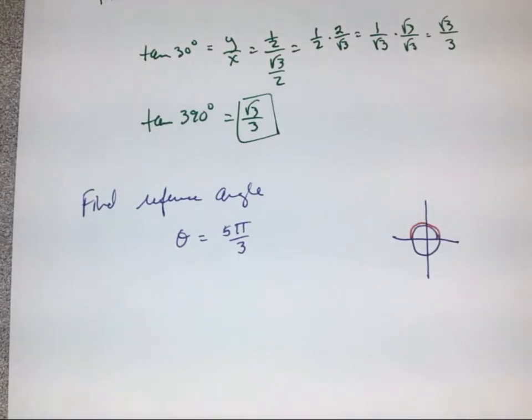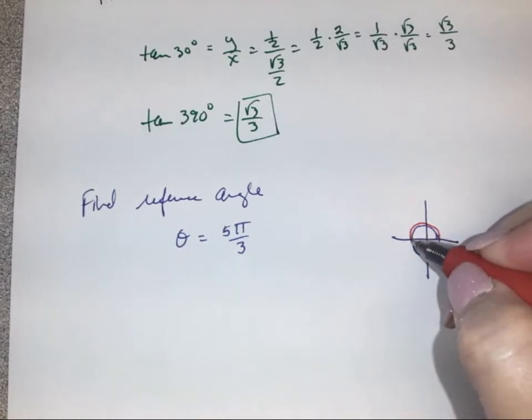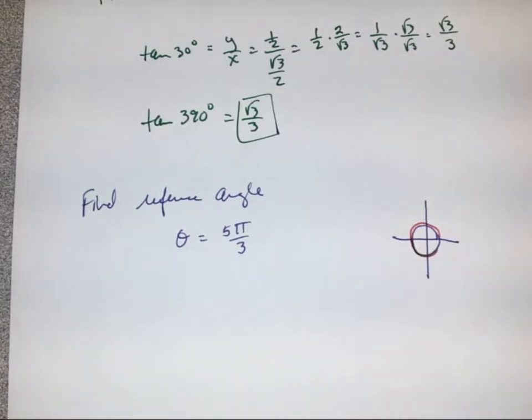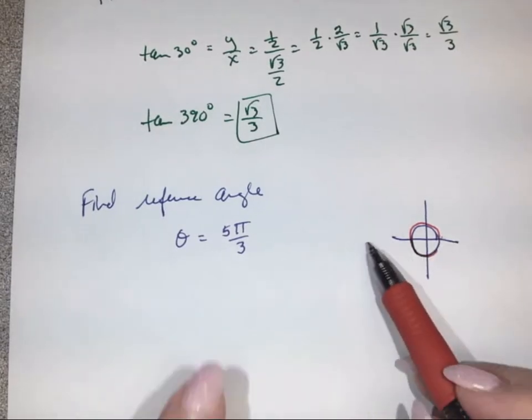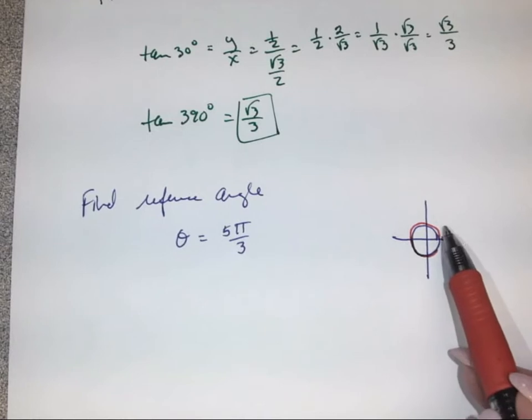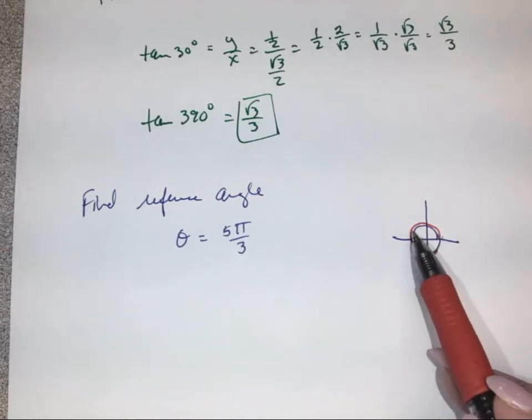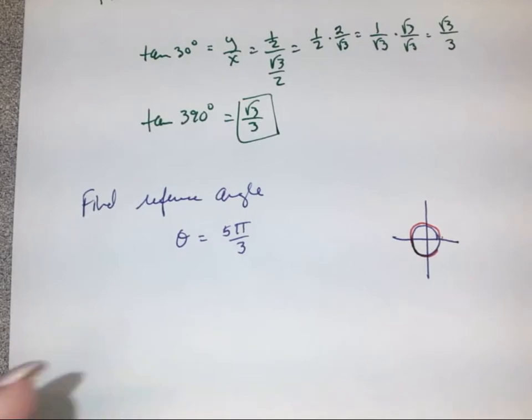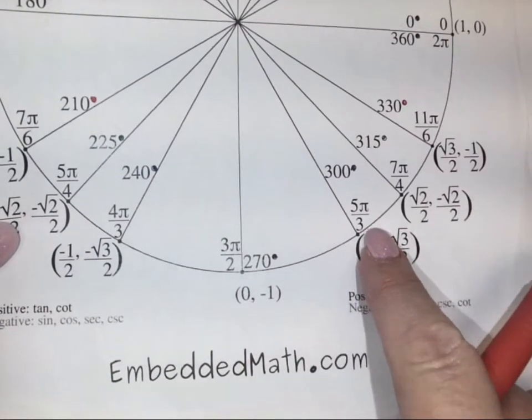That's 1 pi, same denominator. And then it's thirds, so this would be like 4 pi over 3 and 5 pi over 3. We can use that same process without even having our unit circle diagram, because it's broken up into thirds for each pi. So this would be 1 pi, 2 pi, 3 pi, 4 pi, 5 pi over 3. And we can see on the unit circle, that's about where we land.